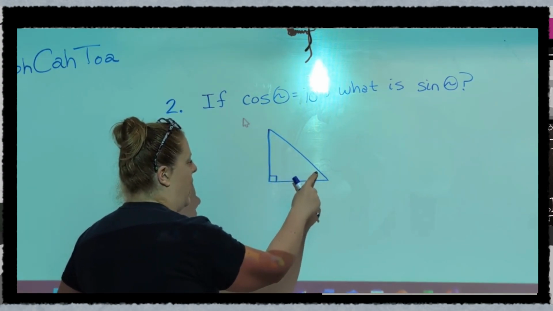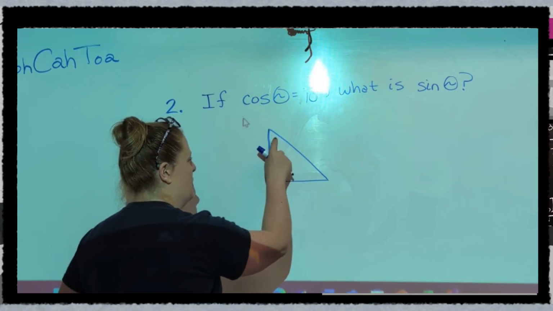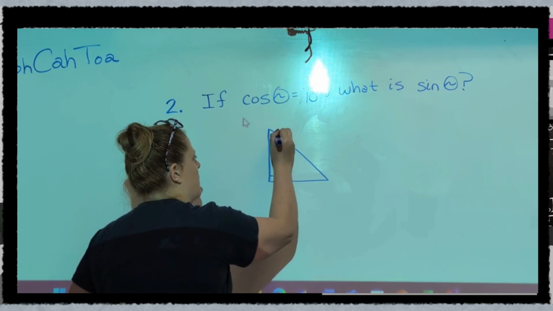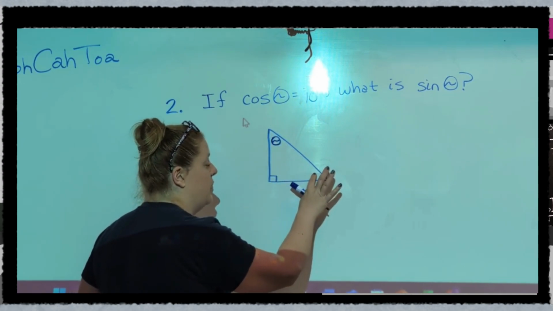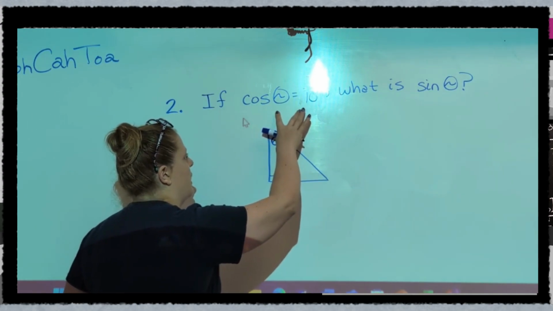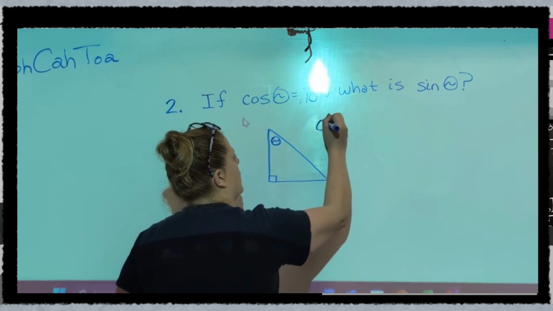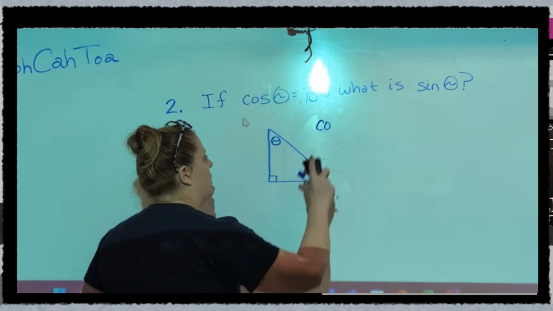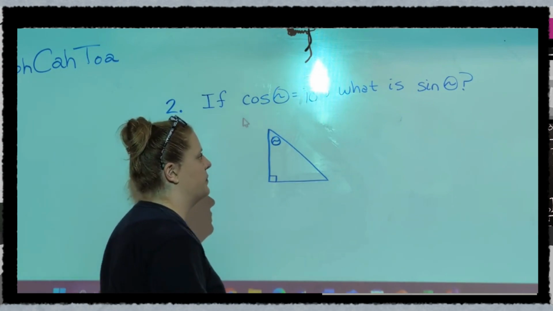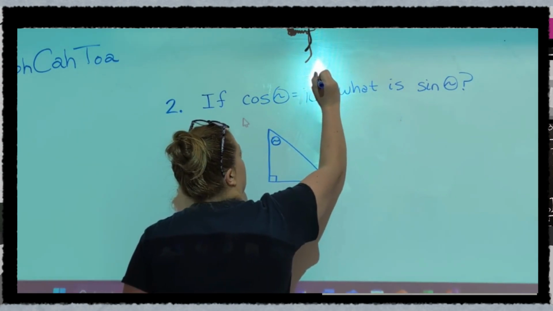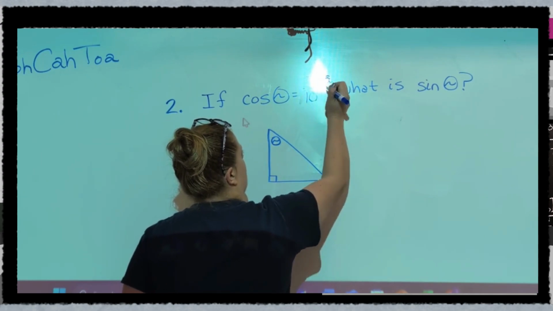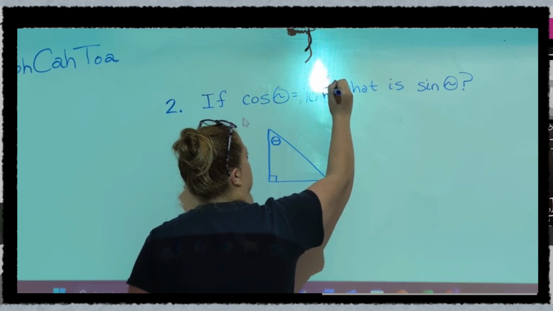It doesn't matter which place you put it, okay? I'm just going to pick up here. That's just where I'm going to pick. If you put it down here, you could still do the problem, all right? So cosine of theta is 7/10. Remember cosine is adjacent over hypotenuse, okay?